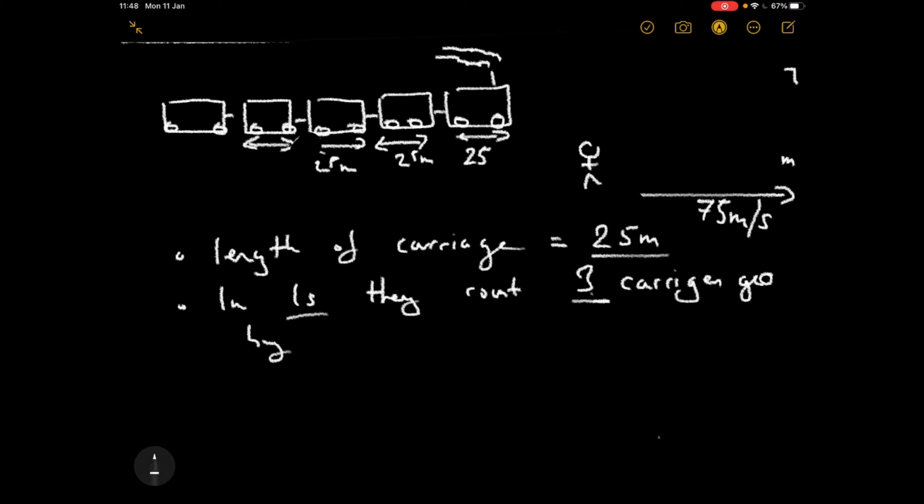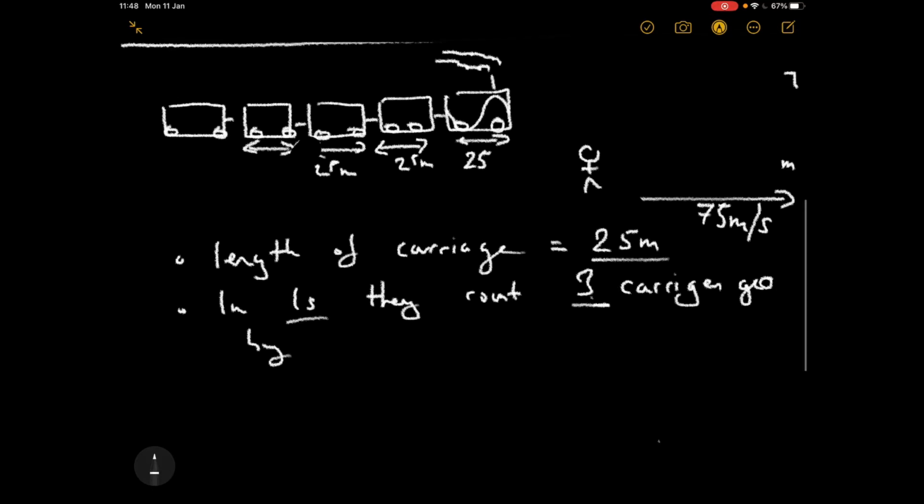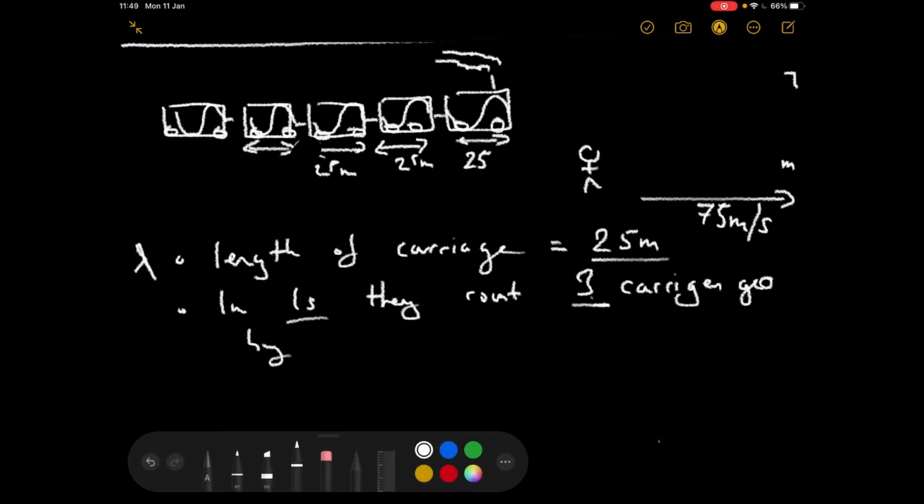Instead of it being a train, let's make these waves. So we just have waves of wavelength 25 meters. This is an analogy of the wavelength.